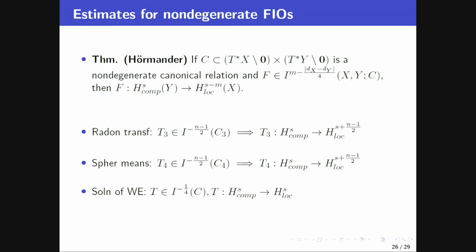So here we're going to have m minus 1 over 4, the difference of dimension. But this operator has order minus 1 over 4. If you want to write this in the form m minus 1 over 4, m is 0. So then T maps H^s to H^s. Okay, everything is local here. Okay, so we have this kind of estimates for the non-degenerate case. We have others for degenerate cases. Yeah, lots of examples.